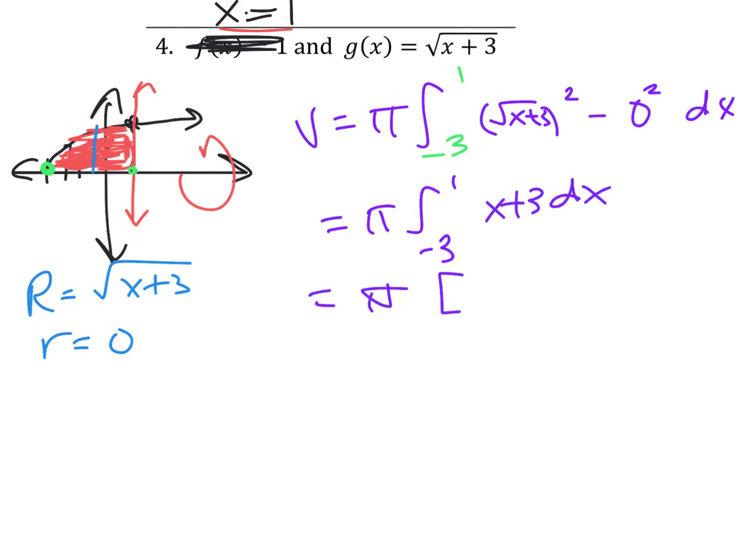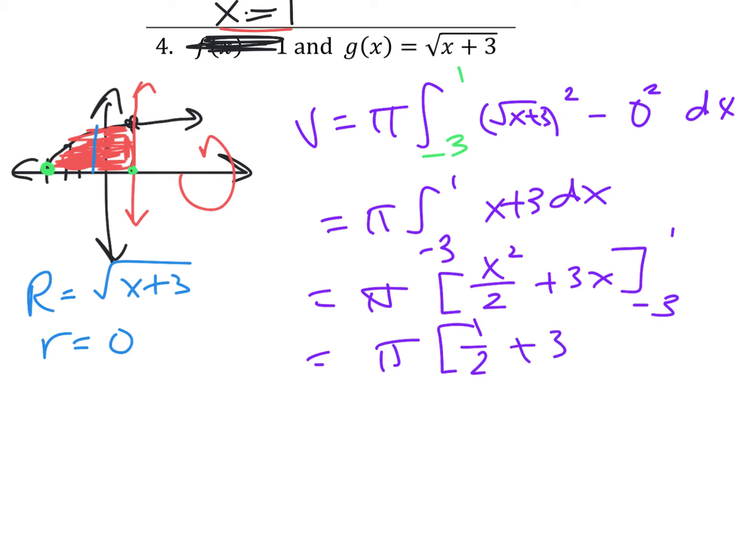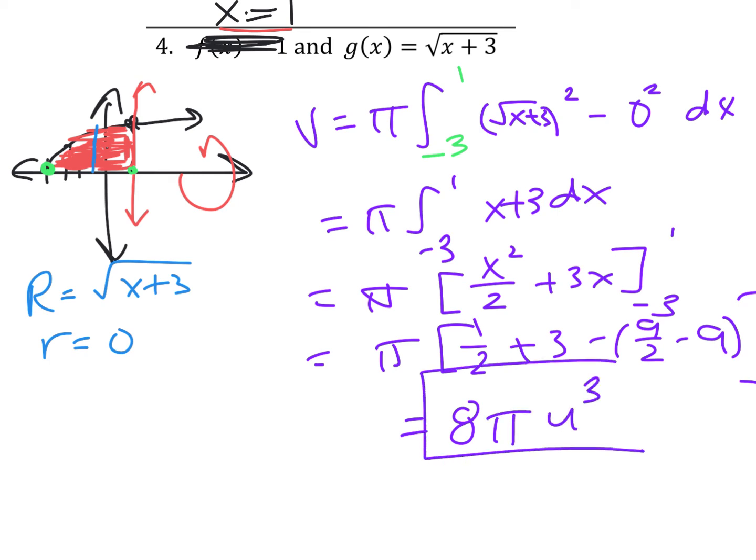Then this is going to give me pi times x squared over 2 plus 3x, evaluated from -3 to 1. This gives me 1/2 plus 3 minus 9/2 minus 9. If I combine like terms and simplify, we end up with 8 pi units cubed.